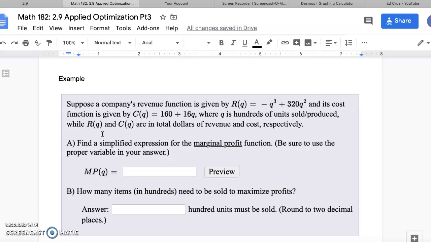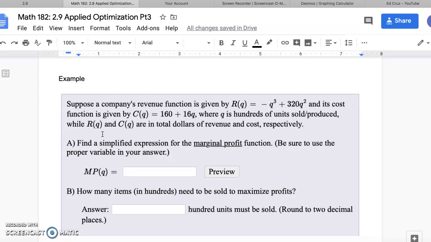Now review. Marginal profit. Remember that marginal profit stands for the idea of how much extra profit are we going to make by selling the next item. What's going to be that extra change in profit by producing or selling the next item?